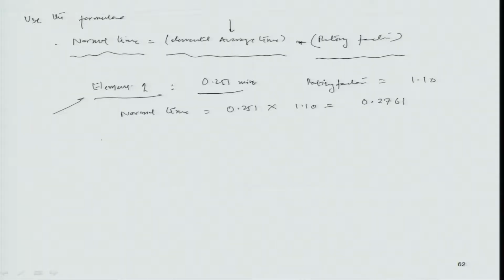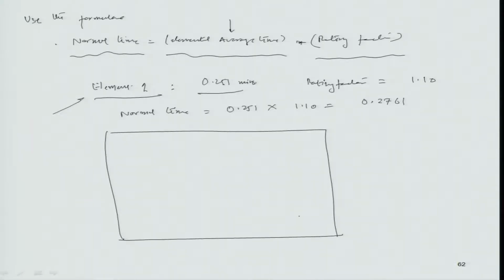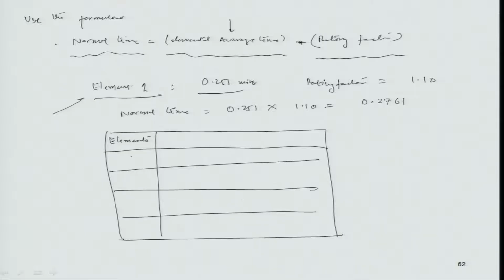Similarly, you could do it for multiple elements. I am going to make a table here which talks about different elements. You have elements listed as 1, 2, 3, 4, so there are 4 different elements listed here, and there are different time scales and rating factors associated.